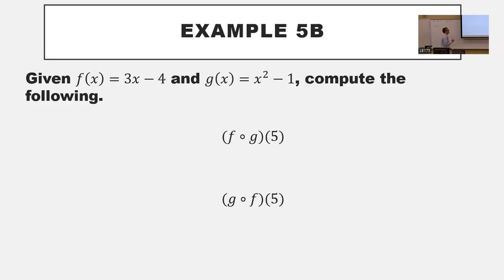After we do that, we'll do that same process, but now instead of inputting the variable x, we'll input the number 5 in for the variable. Be okay with that? So we'll do in general and then with the numerical value of 5.